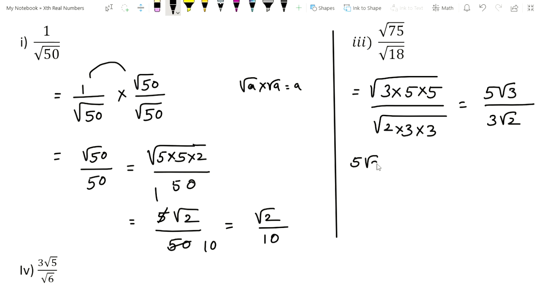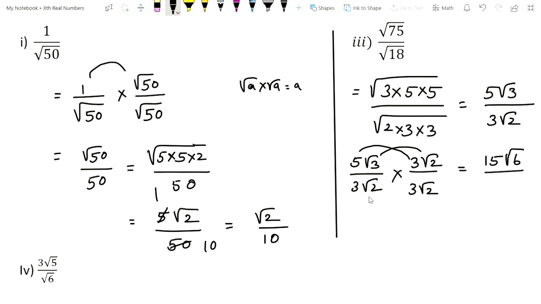So what do you want to do? You have to multiply and divide with 3 root 2. So 3 root 2 by 3 root 2. First you multiply the coefficient. 5 threes are 15. Next this root 3 into root 2, what will you get? Root 6. Divided by 3 into 3, you get 9. Root 2 into root 2, what will you get, children? 2. So 15 root 6 divided by 9 twos are 18.